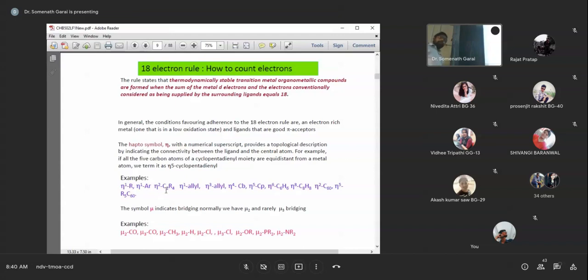Then instead of 5 electron donation, it will be 4 electron donation. 4 plus 14 will be 18. In this way, the overall electron count is adjusted to maintain the number 18, right? It means the electrons will overflow from the bonding orbitals, right?